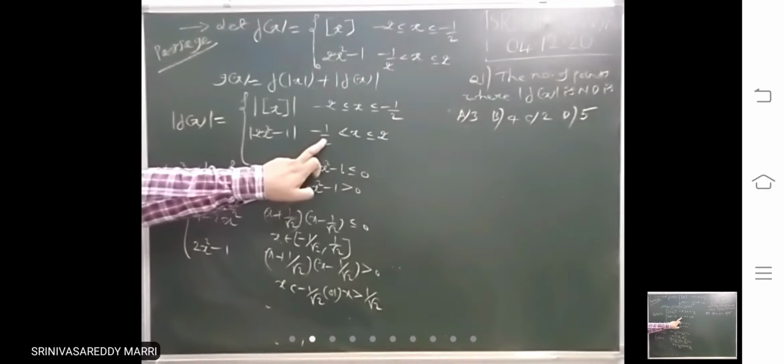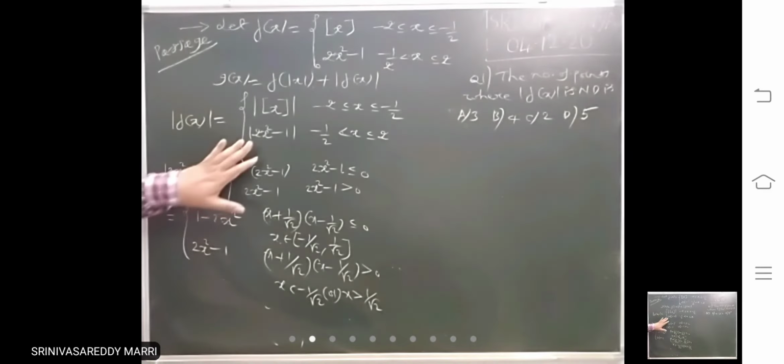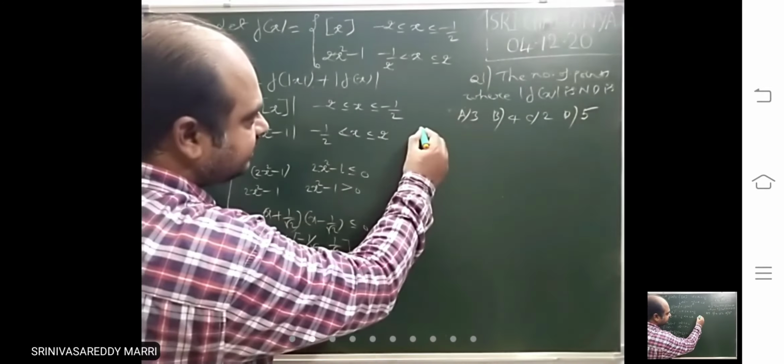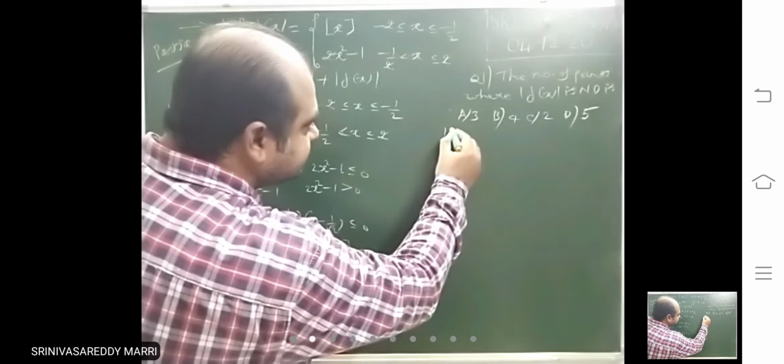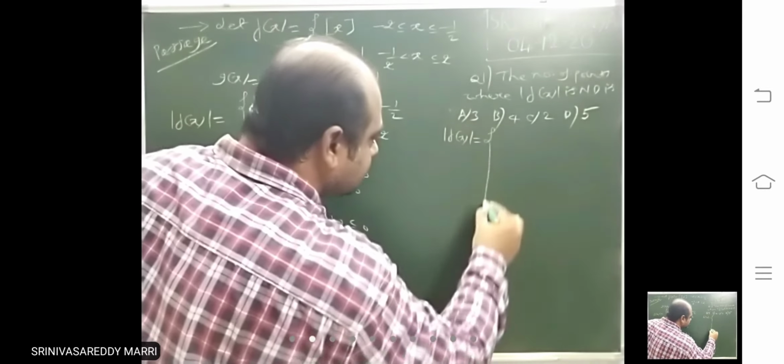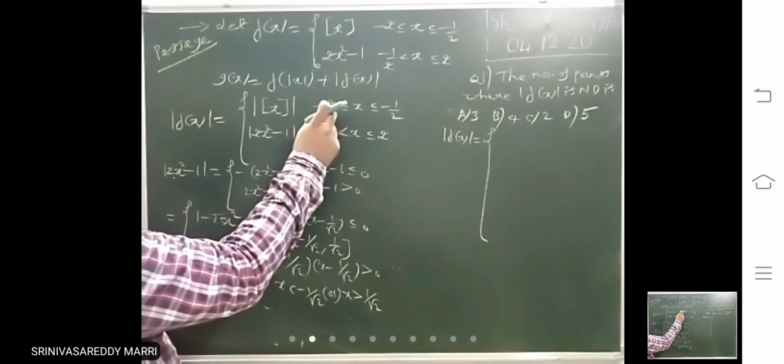So from minus 1 by 2 to 2 you have to define this one and then this one. I am defining modulus f of x here. Modulus f of x equals: this step x you can easily define.